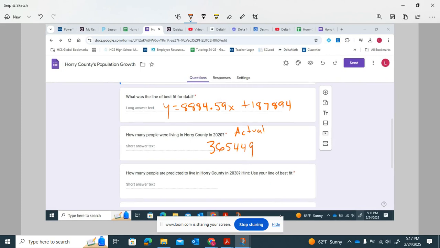But then it asks how many people are predicted to live in Horry County in 2030. We don't have data for 2030, since it's currently 2025, so this is a prediction. We're using the line of best fit to predict this value. It's the years since 2000, so x equals 30, and you plug in 30 for x and type that into Desmos.